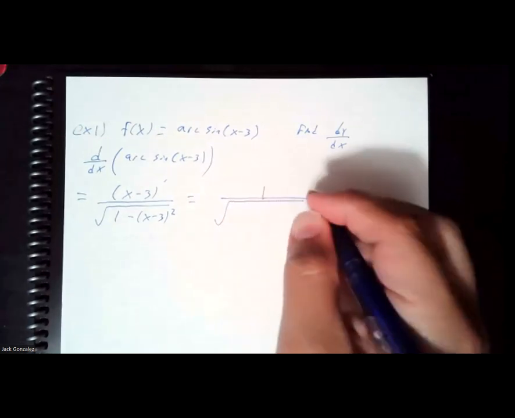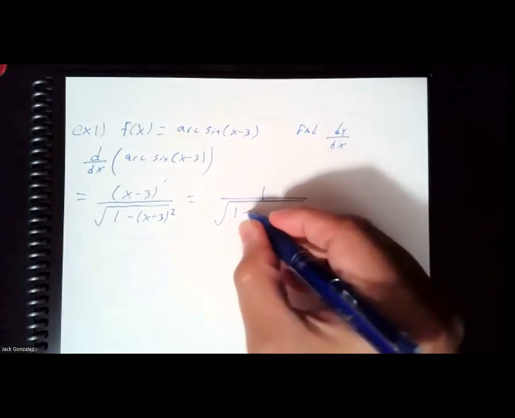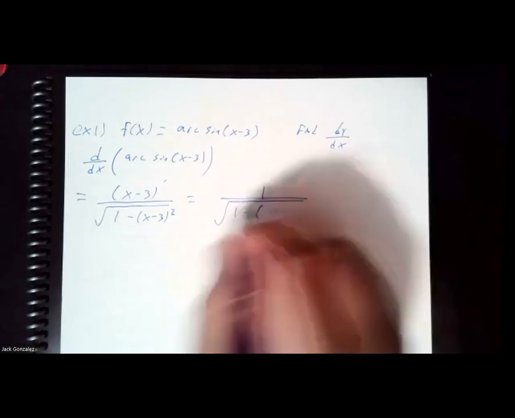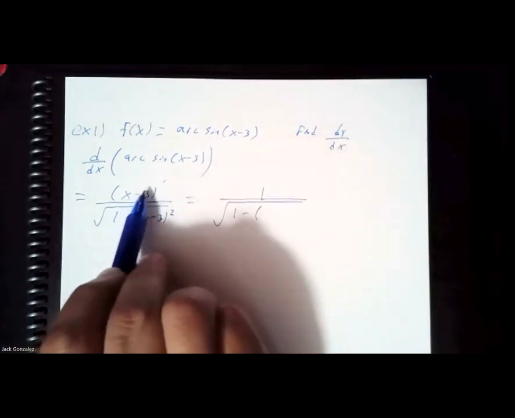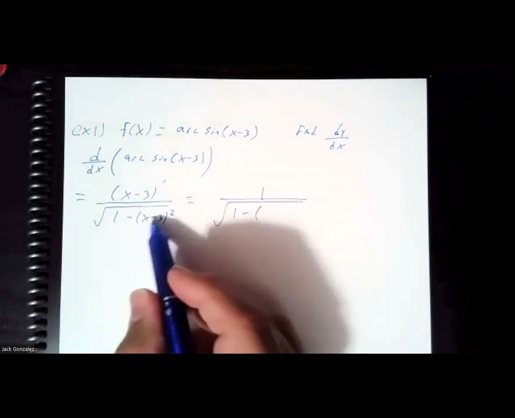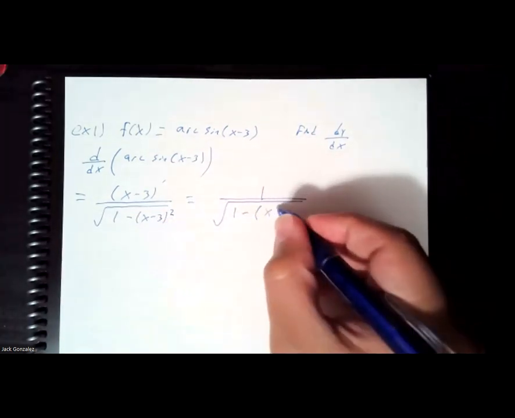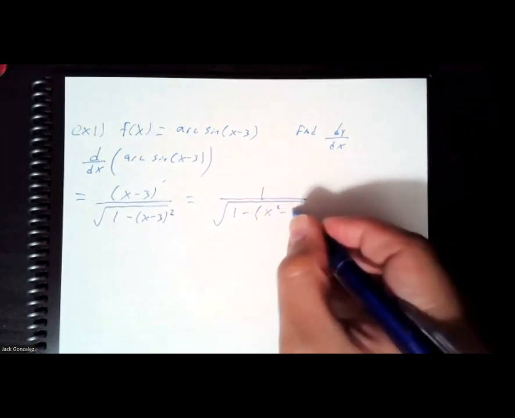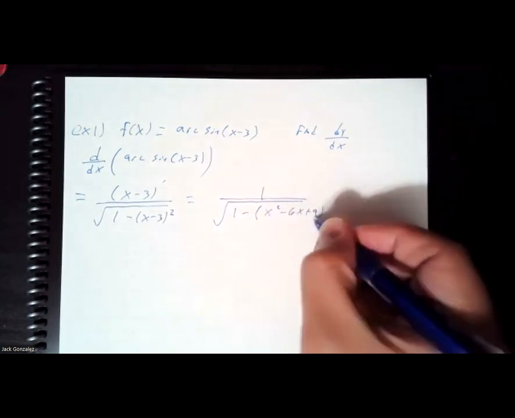So 1 over, 1 minus, square this guy. So this becomes a 1, right? So it didn't really matter. It's gone. Square this and you're going to get x squared minus 6x plus 9.